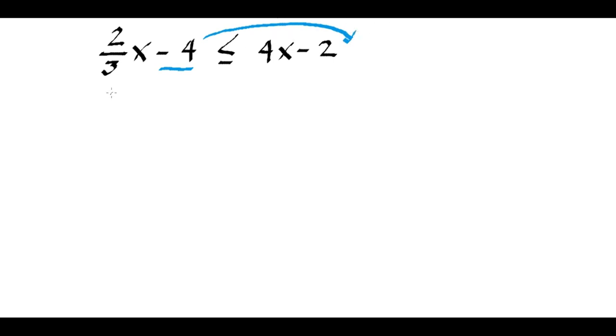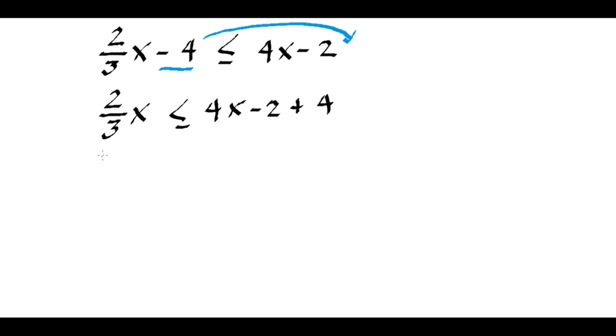So, copy again 2/3x, may iwanan siya. And then, less than or equal to, copy 4x minus 2. Si negative 4 na lumipat, magiging plus 4 na siya. Papalit siya ng sign.